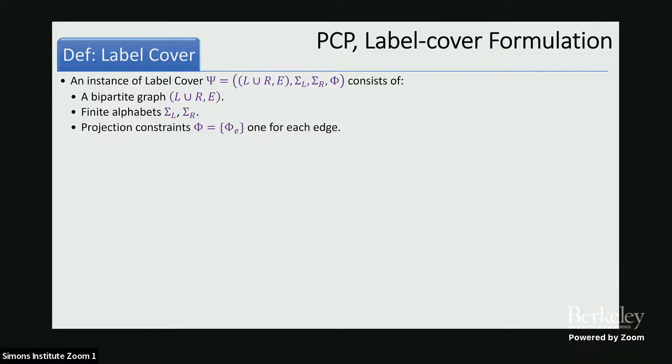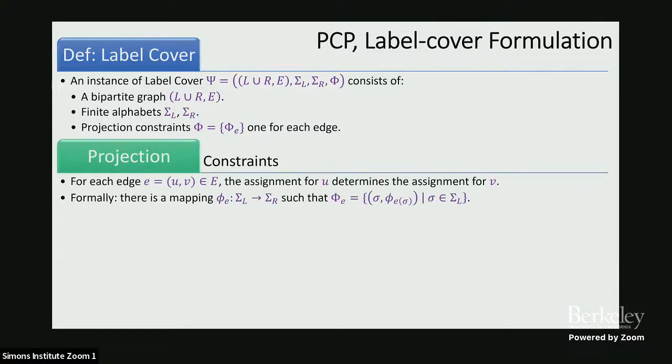And you see that there is this word projection here. So usually when you define label cover, you don't have this word, but we want projection, so I'm going to skip it. What is meant by projection is that these constraints are not arbitrary. Rather, they have at least mild structure. Namely, for each edge uv, once I tell you the label of the left side u, there is a unique label for the right side that satisfies the constraint.